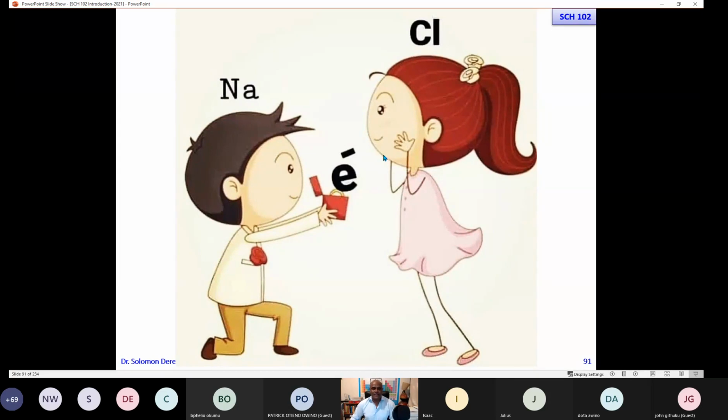And since, as you can see, sodium and chlorine were lovers, and chlorine really did not reject this proposal, she's happily receiving these electrons. So the sodium in this story is called Natra, while chlorine is called Chlora.